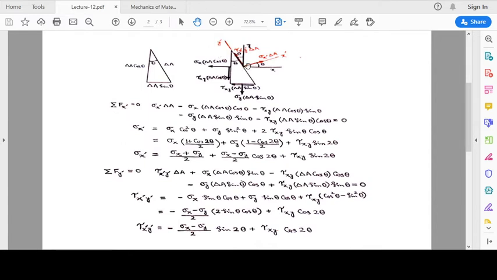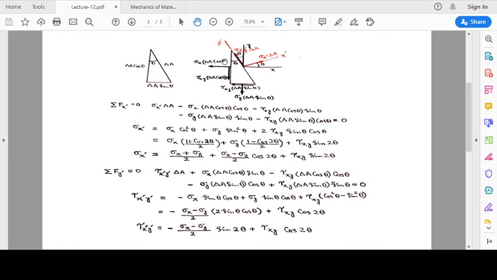Say this stress sigma x prime is not known to us, it is acting over an area delta A, so we multiply sigma x prime with delta A. Similarly, this shear stress acting on this oblique plane, tau x prime y prime, is acting on an area delta A, so we multiply tau x prime y prime with delta A. This is the force in the x prime direction, and this is the force in the y prime direction.